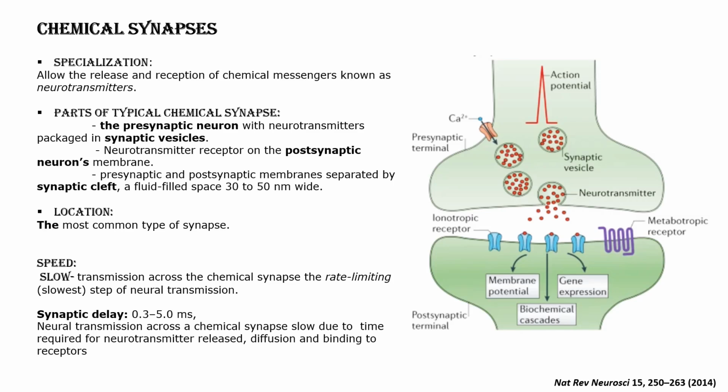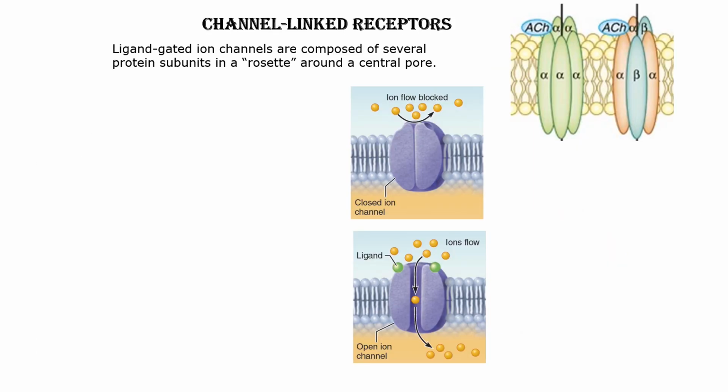Now, speaking about the receptors which are present on the postsynaptic neuron, the neurotransmitters, depending upon their specific nature, are capable of binding to channel-linked receptors or G protein coupled receptors.